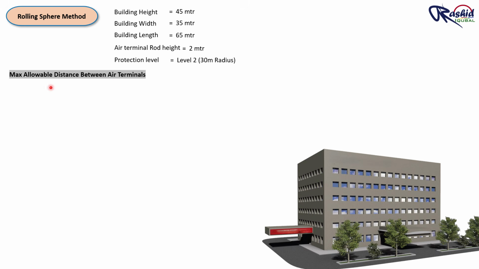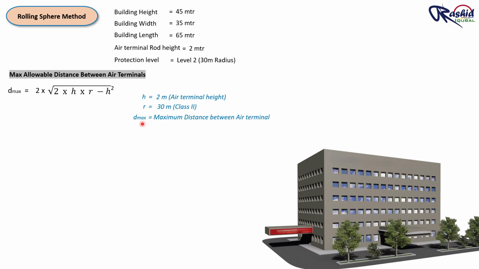So the formula is d max equal to 2 multiplied by root under 2 multiplied by h multiplied by R minus h square. Here h is the height of a terminal, which is 2 meter. R is the rolling sphere radius, which is 30 meter, and d max is the maximum spacing between two terminals.